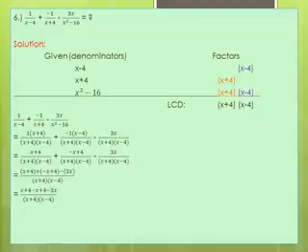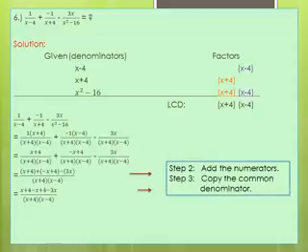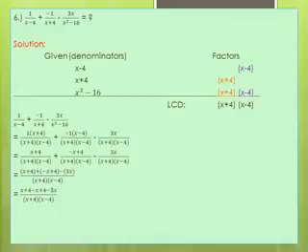And we use the distributive property, so it becomes x plus 4 minus x plus 4 minus 3x all over x plus 4 times x minus 4. It is by following step 2 and step 3.